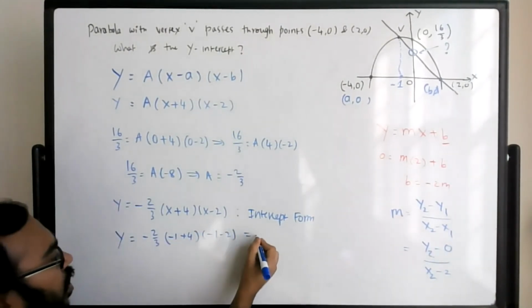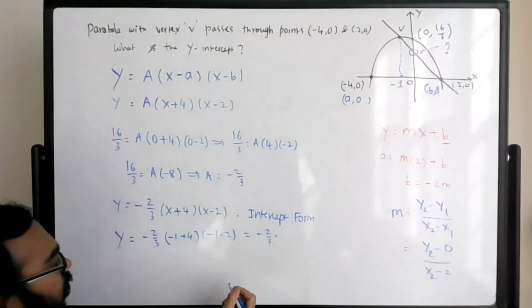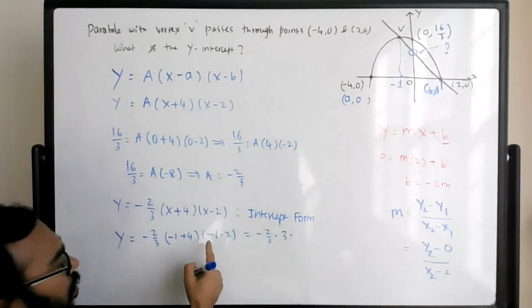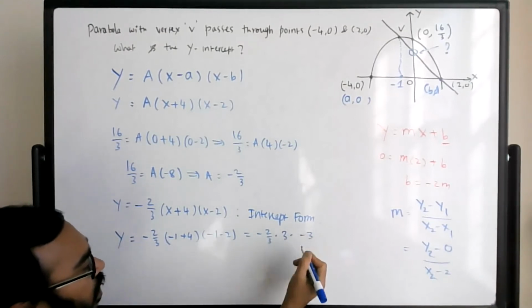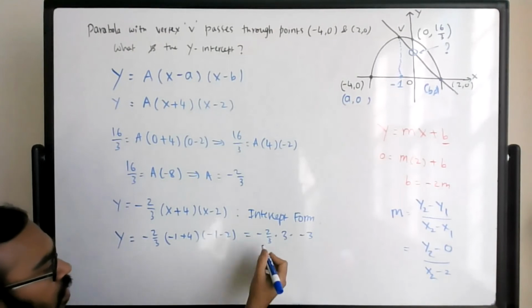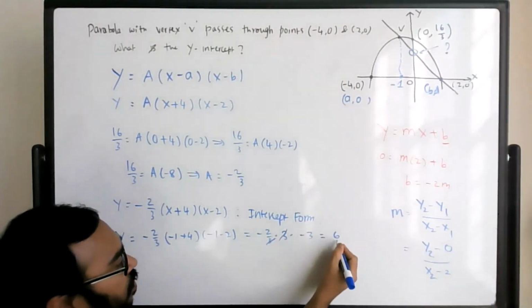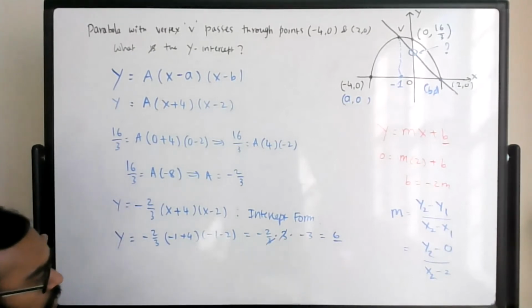Then you get -2/3 times (-1 plus 4), that's 3, times (-1 minus 2), -3. The 3 cancels out. I get -2 times -3, that's +6. All right, so that's +6.